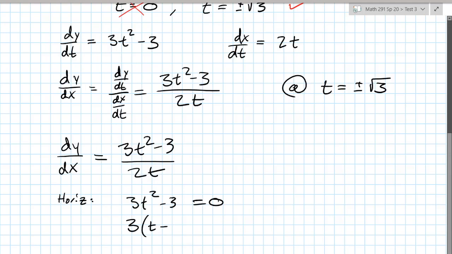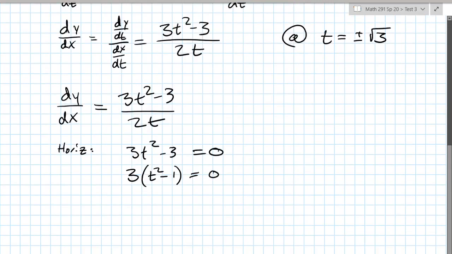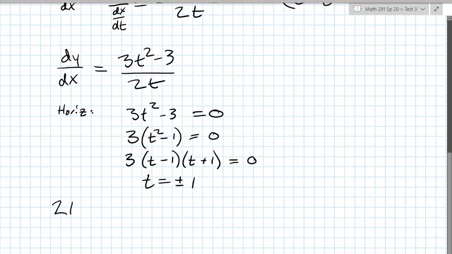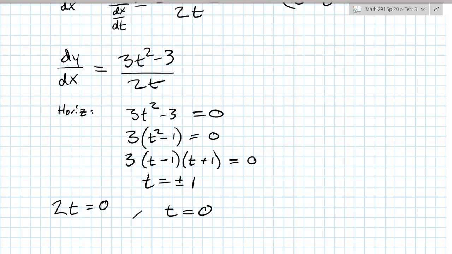I prefer the factoring method as opposed to the solving for t method, but you can do whatever you want. And you see that when t is plus or minus 1, we have our horizontal tangents. In order to find our vertical tangent, that is when 2t equals 0, then t equals 0. So that gives us part B.